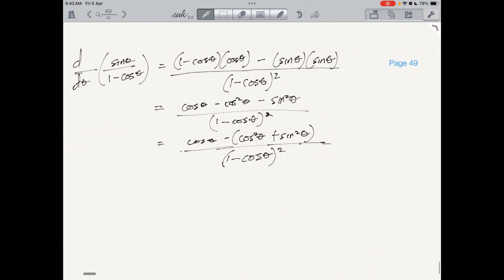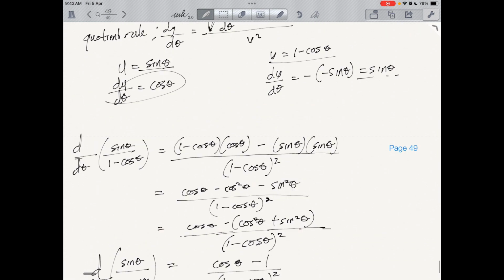From trig identities, we understand that cos squared theta plus sine squared theta is equal to 1. So we have cos theta minus 1 divided by 1 minus cos theta squared. This is the expression of d/d theta of sine theta over 1 minus cos theta.